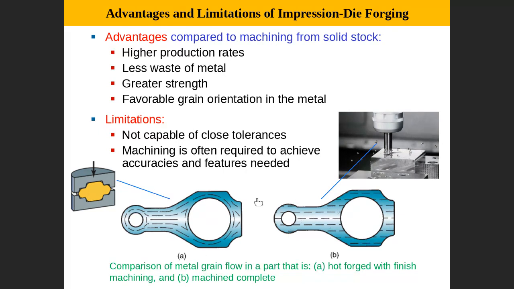You can do the shaping by forging operation, and a little machining could be done. Then you save time, and you also save cost. Probably we can manufacture by forging operation, with a little machining as a subsequent process to obtain the accuracy and the precision.